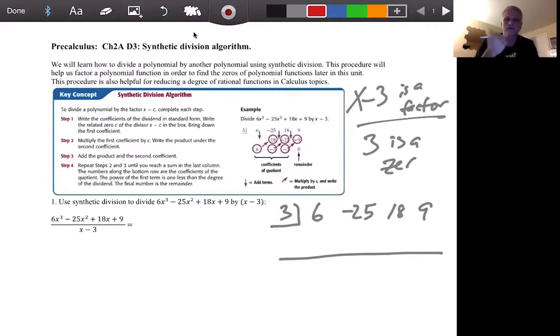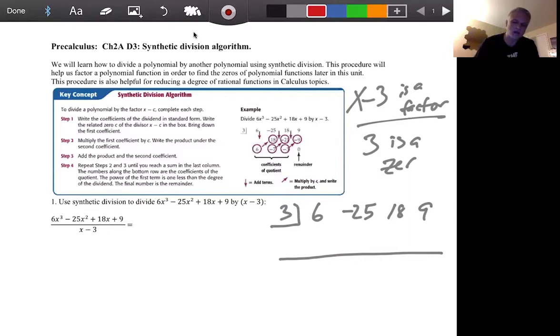And we don't have anything else on the other side of the equal sign, okay? Because we've done that, we look at our 0, which in this case was 3, because we had x minus 3. If it had been x plus 3, we would have put a negative 3 out here, right?